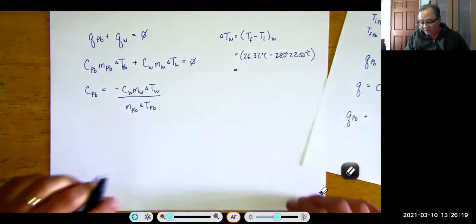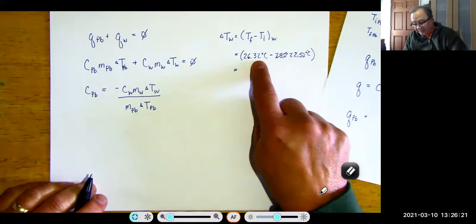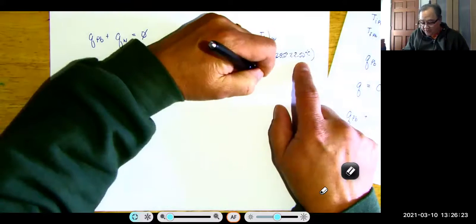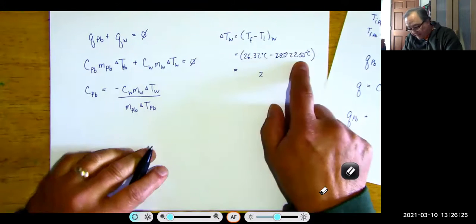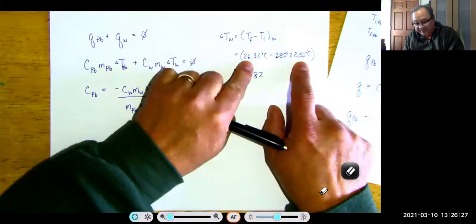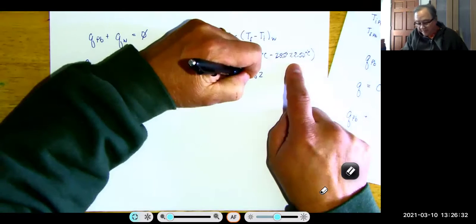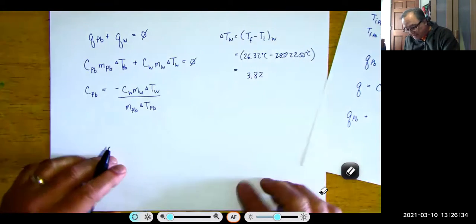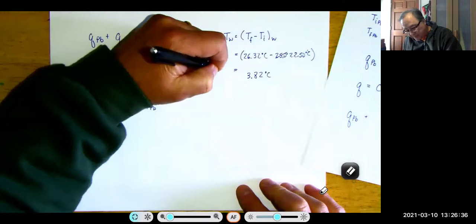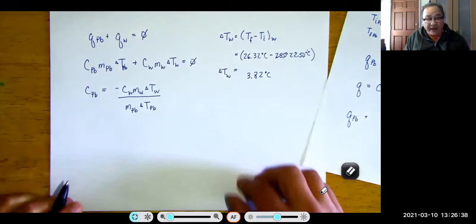So when we do the difference here, 2 minus 0 is 2. 3 minus 5 is going to be 8 because we're going to borrow 1 from the 6. And now that's a 5 minus 2 is 3. And then 2 minus 2 is 0. So that change in temperature for the water is 3.82 degrees Celsius.